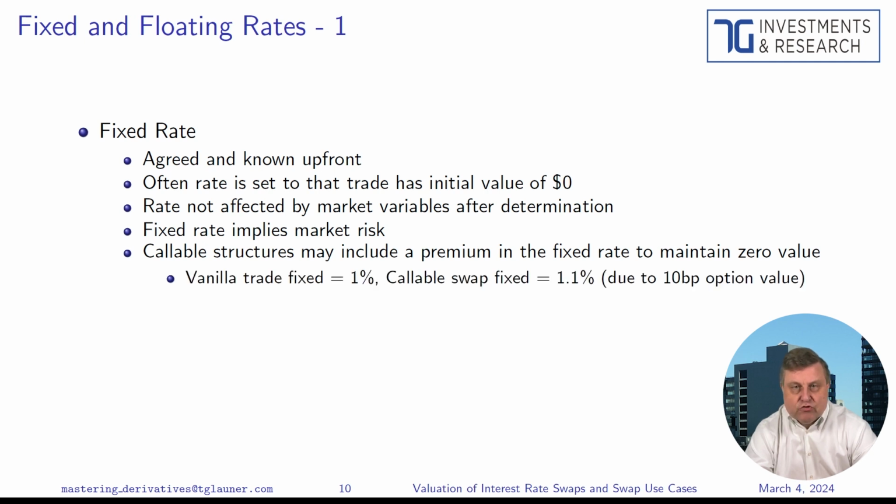Imagine your vanilla trade has a 1% fixed rate. Then, assuming the call option is worth 10 basis points, the callable swap would be quoted at 1.1% to keep the deal value of the swap near zero at inception.